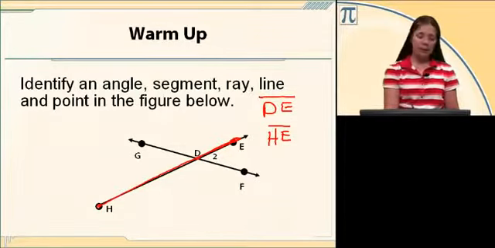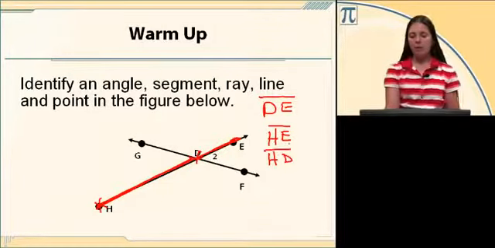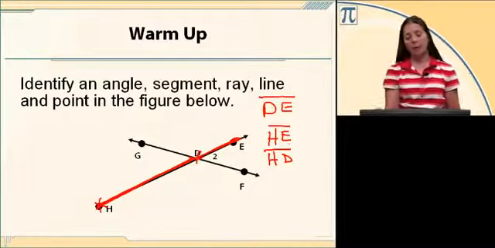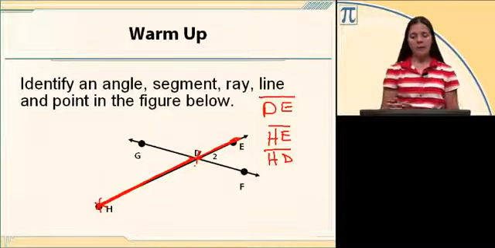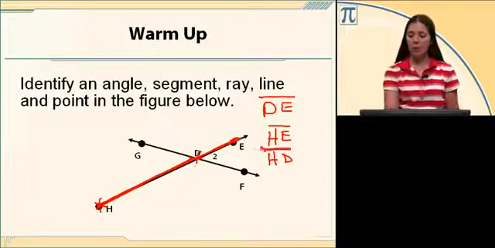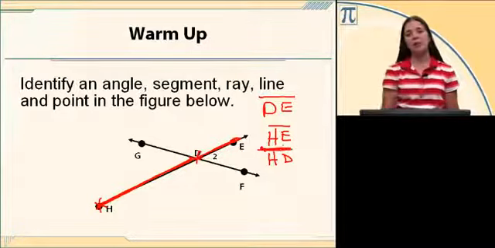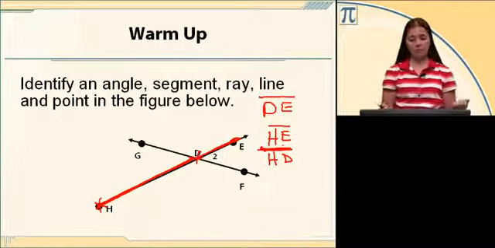You could take part of that segment, start at H, stop it at D, and that would be segment HD. On the line here, we could say that you have segment GD, you have segment DF, segment GF, and all of those could be written in reverse. Just make sure that you have the segment bar over the top of your 2 letters to show that it's a segment with 2 endpoints.